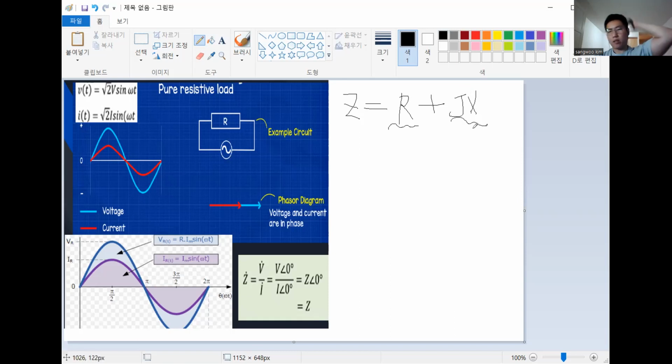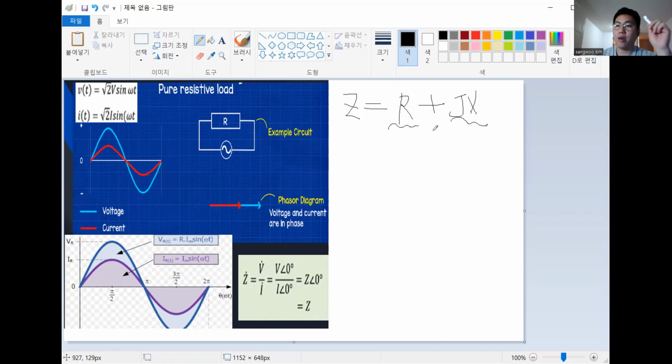Reactance, you guys may never have heard about it, so first I will explain a little more easily. Here is money. For example, I gave it to him, and he used it, or he lost it.